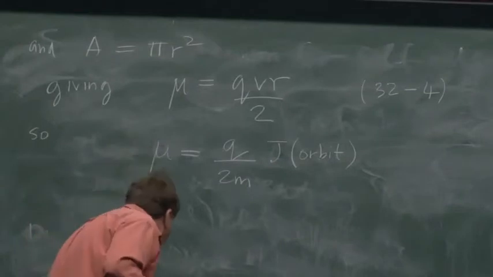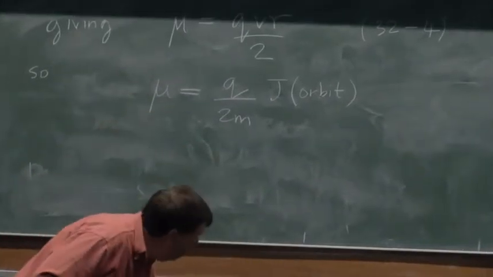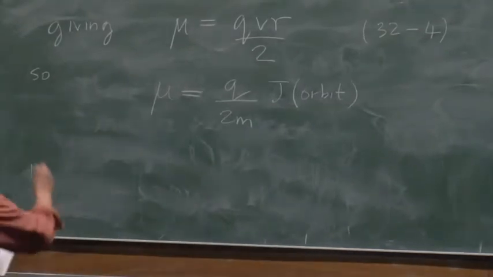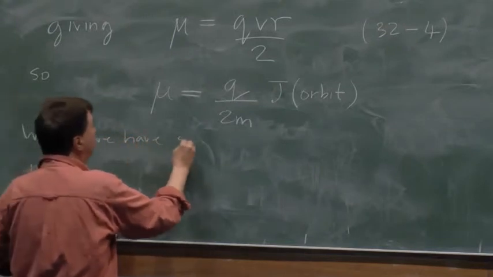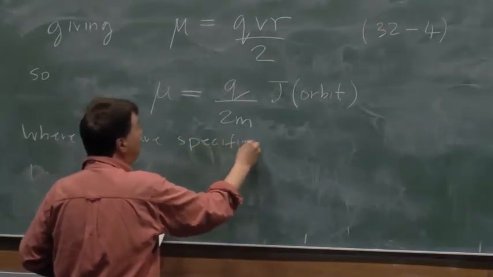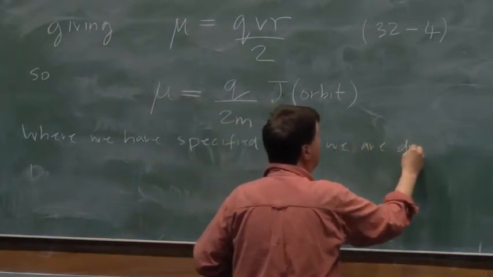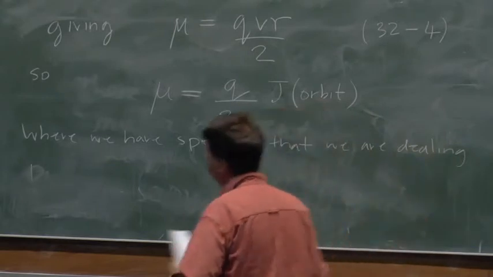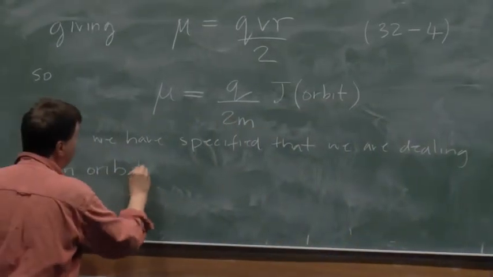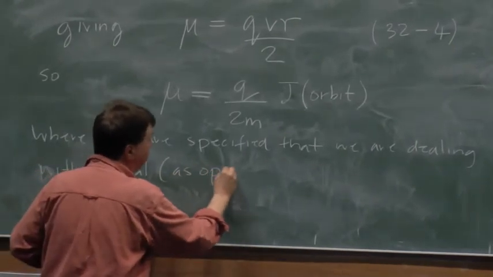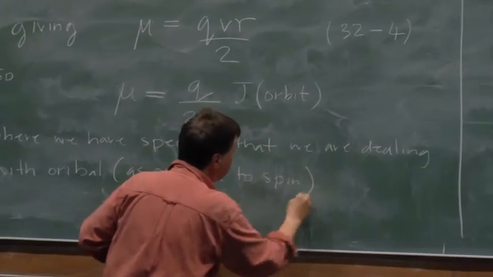But again, there are lots of caveats today in what I'm going to say. And so we have specified that we are dealing with orbital, as opposed to spin, angular momentum.